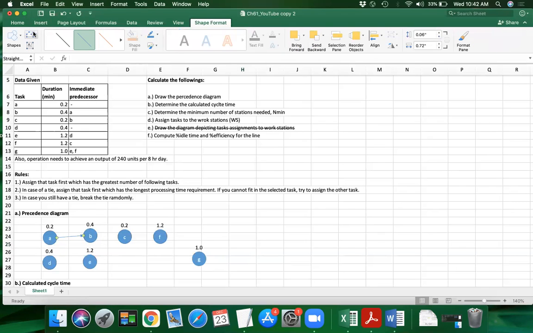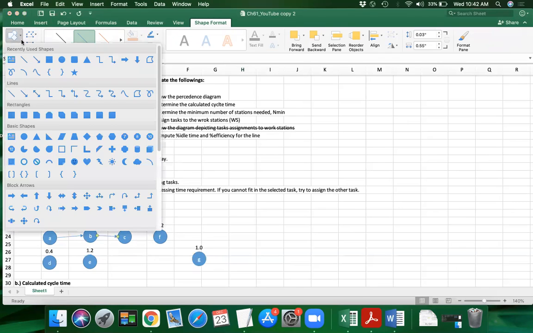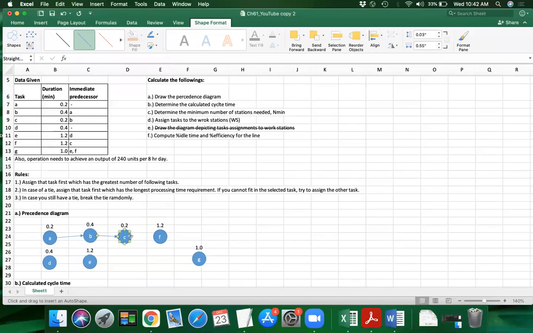All right, and then you can always rearrange this and make it look nicer, but you will have a time constraint in the exam, so make sure you don't waste a lot of time drawing this diagram.